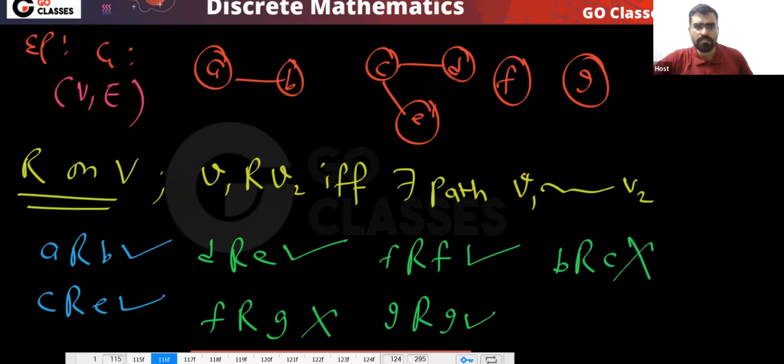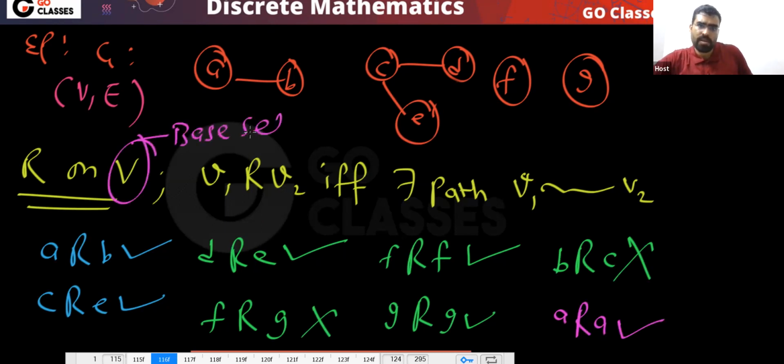So you can notice this is reflexive, because remember, your base set is the set of vertices, and every vertex is related to itself. Also this is symmetric.